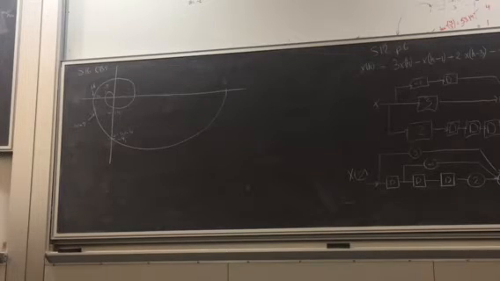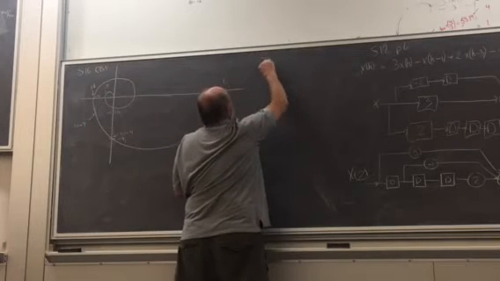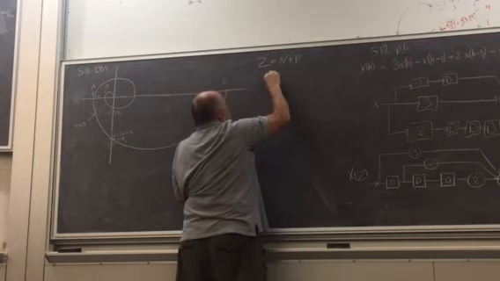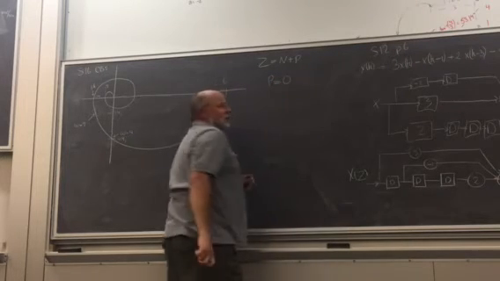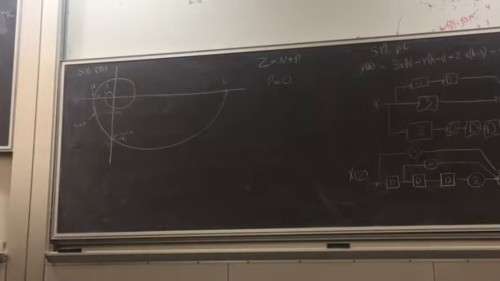Show the work for each part. When I say the open loop system is stable, what does that tell you? P equals 0. That's what that piece of information is giving you. This open loop system has no poles in the right half plane or on the j-omega axis.